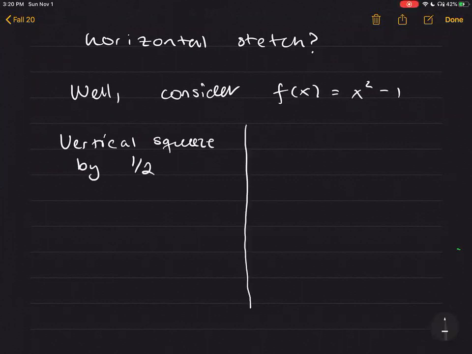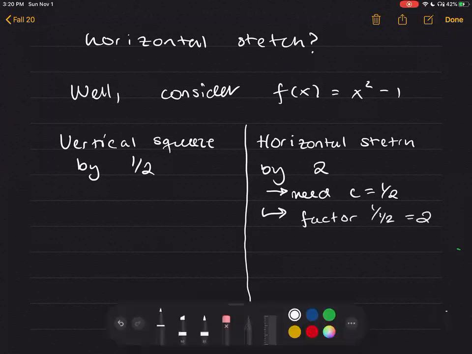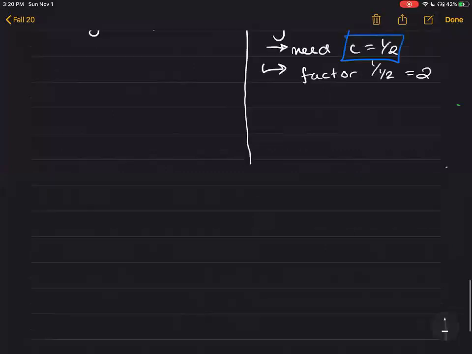And we suppose that that's going to correspond to a horizontal stretch by a factor of 2. But note, we're going to need c equal to 1/2, because then we get a factor of 1 over 1/2, which is going to be 2. So we're going to need c to be 1/2 for this side.